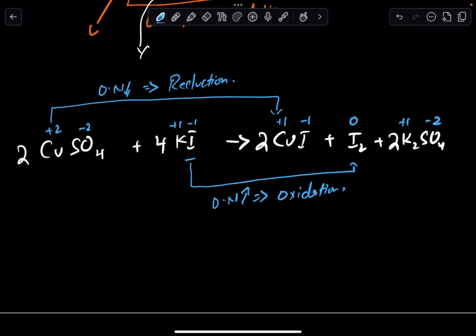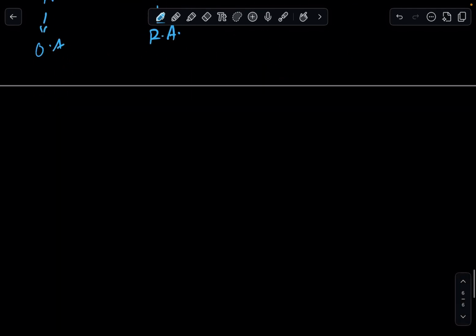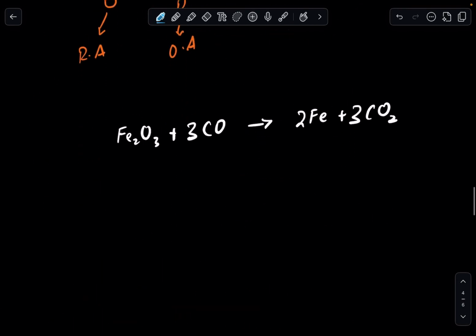So if this copper sulfate is being reduced itself, it must be oxidizing agent, and if this potassium iodide is oxidized, it must be reducing agent. This is the trick.